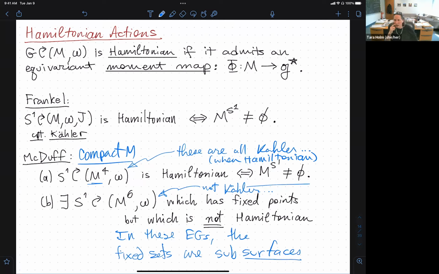And this is in contrast to many of the long list of examples that I cited before, all of the flag varieties and coadjoint orbits, which by contrast all have isolated fixed points.